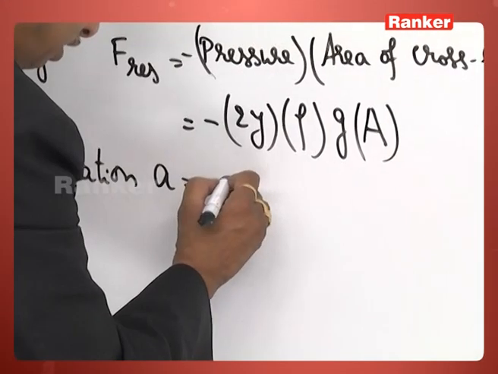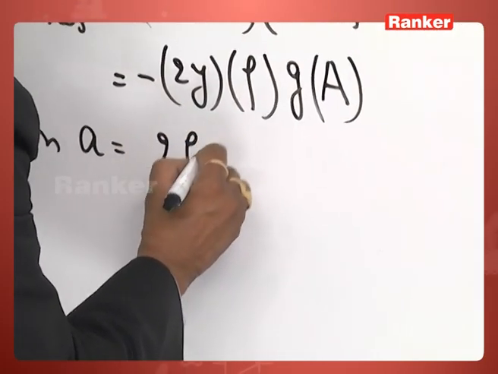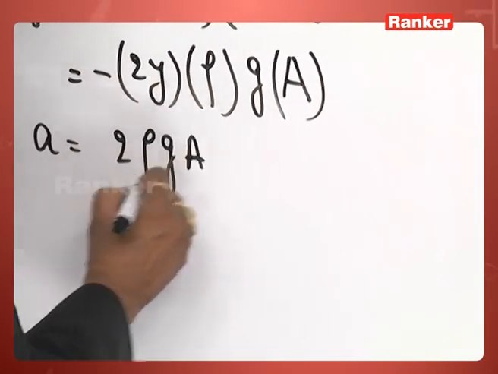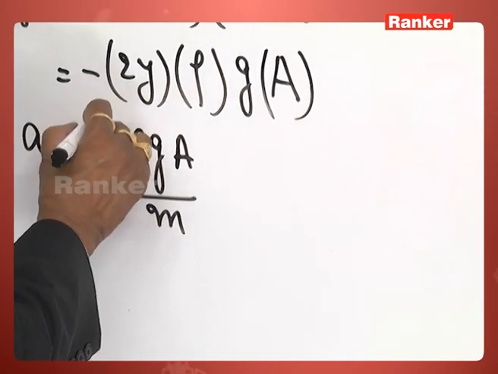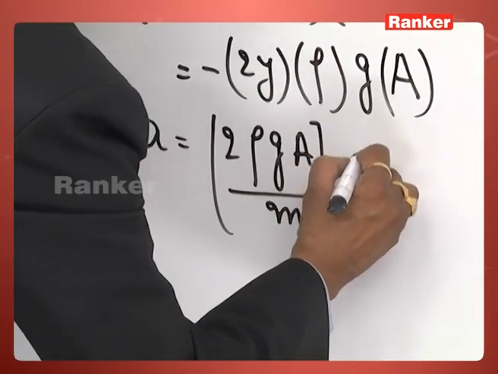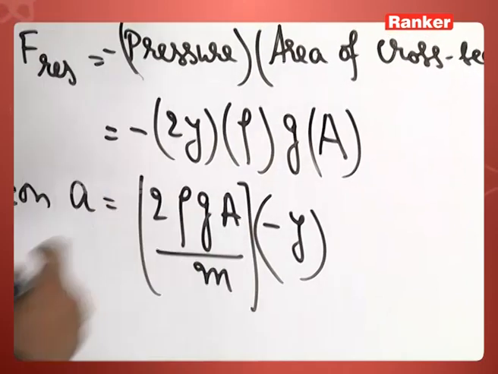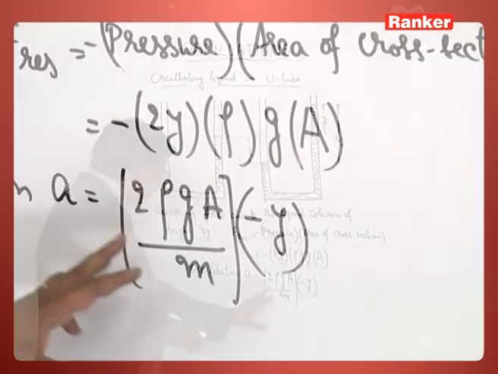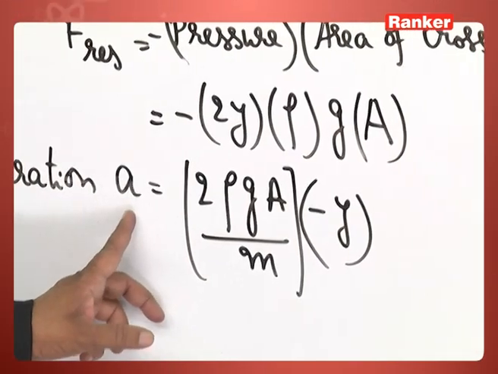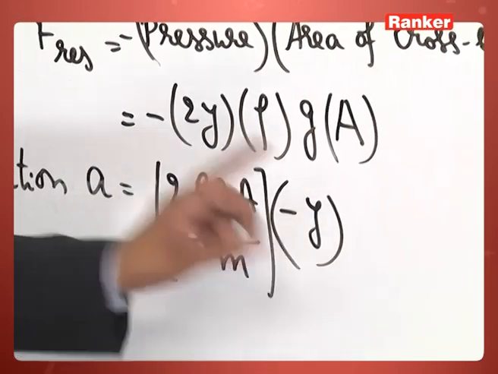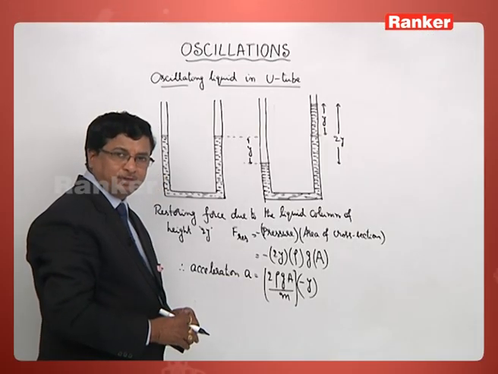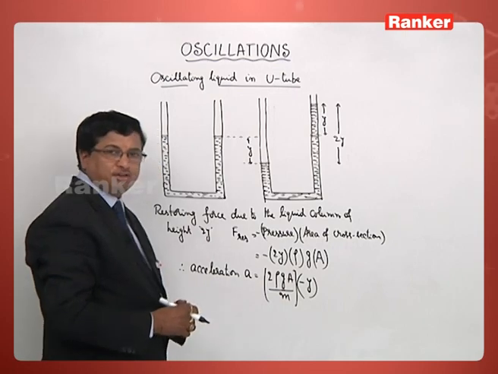So we can write 2 rho g A by M into minus Y. Again try to recollect, acceleration is directly proportional to displacement taken in the opposite direction.